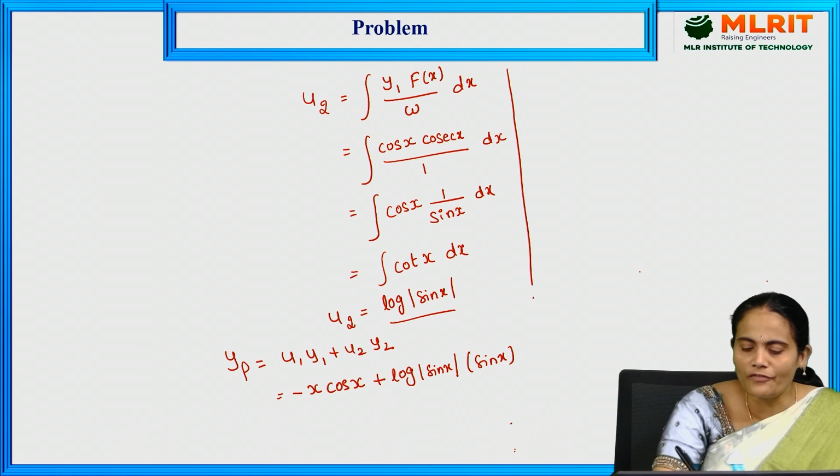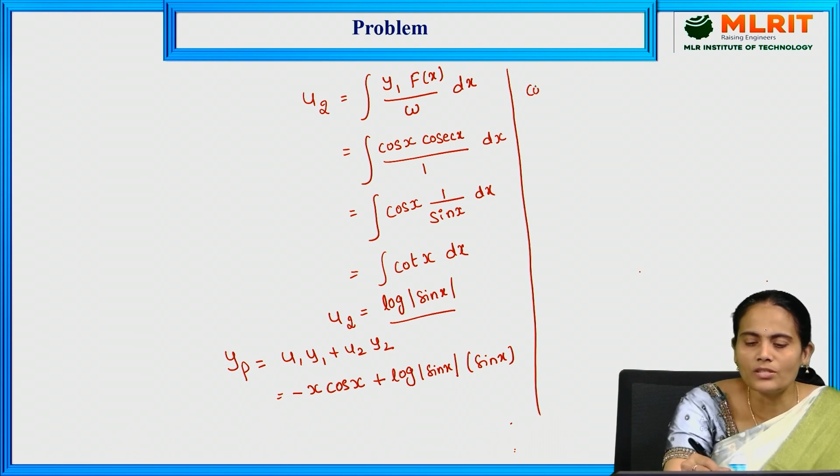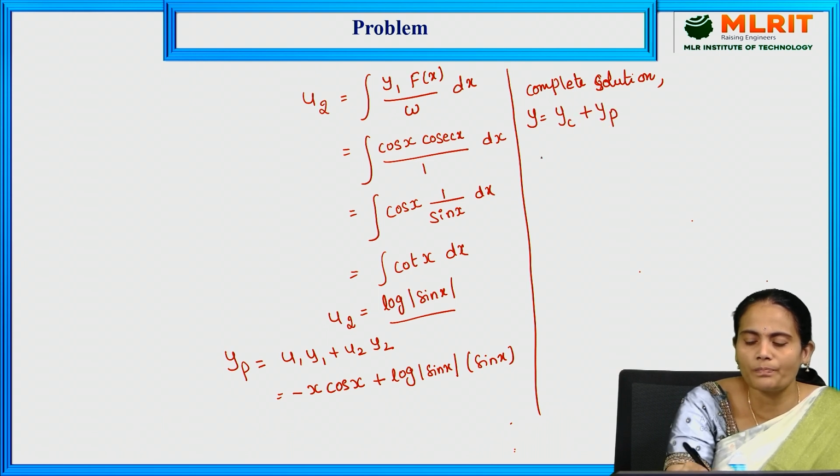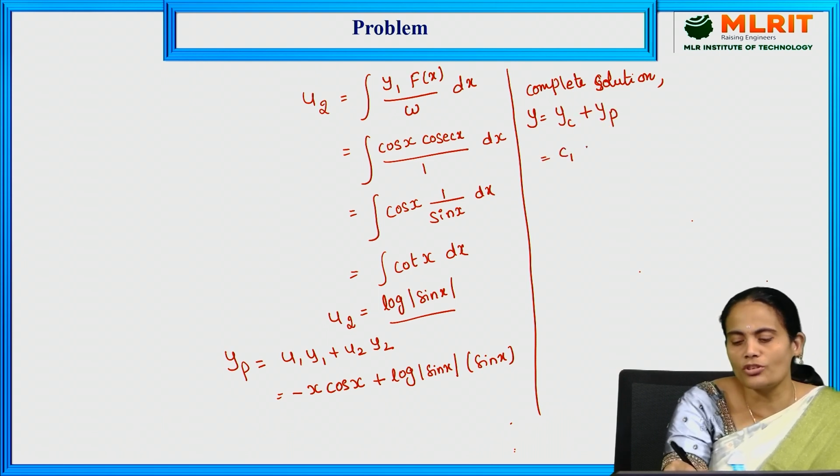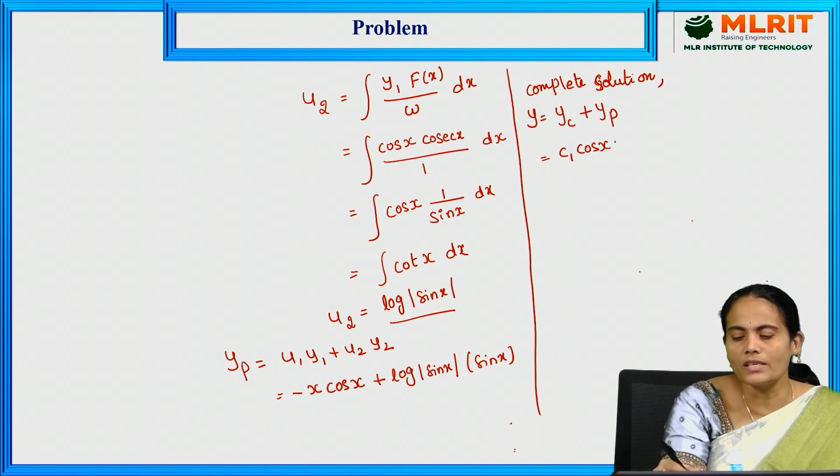And now we have to write the finally complete solution, or the general solution. The complete solution is y is equal to yc plus yp. So here the complementary function is c1 cos x plus c2 sin x, plus yp.